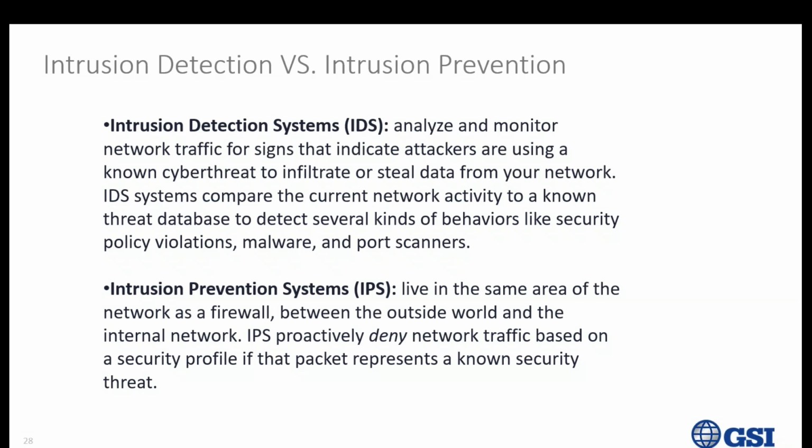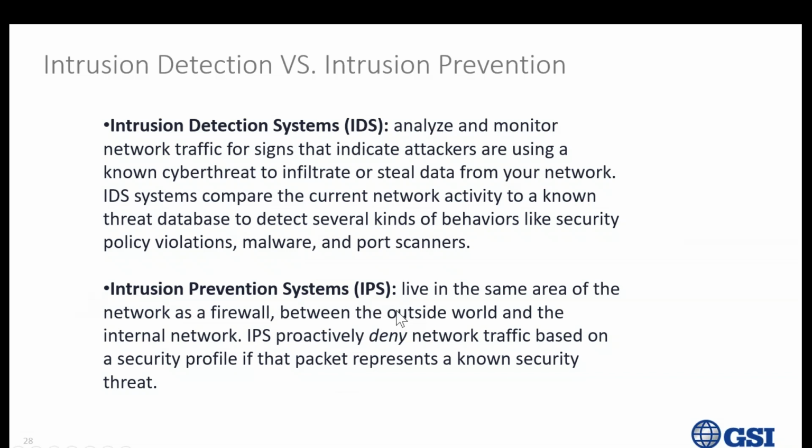But intrusion prevention falls in the same category, but it's designed more in line with protecting you up front. Think of it as your firewall, maybe your next gen firewall, keeping the outside world and your internal network separate, proactively denying the bad guys from hitting your system. So these two kind of go hand in hand.